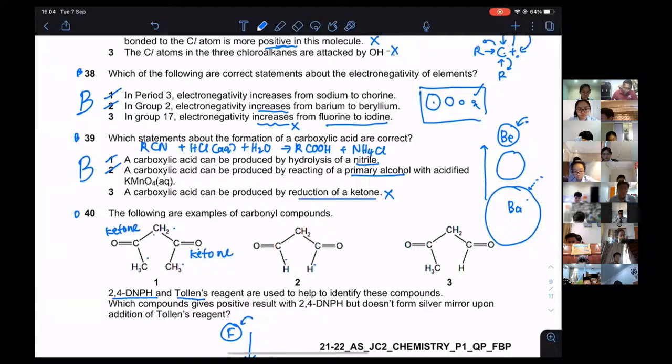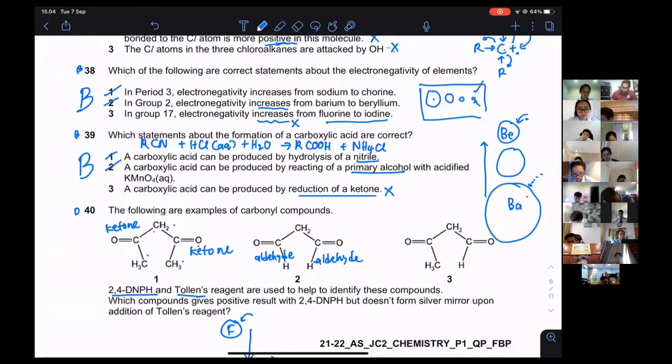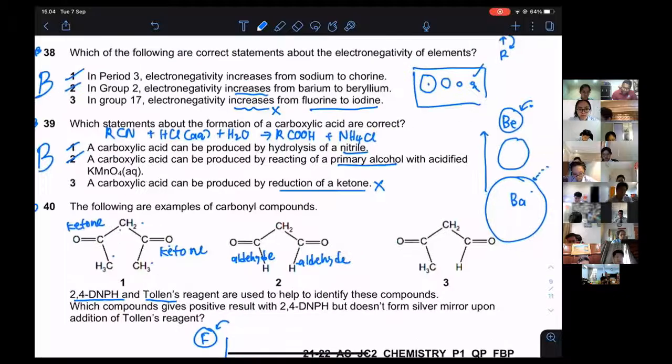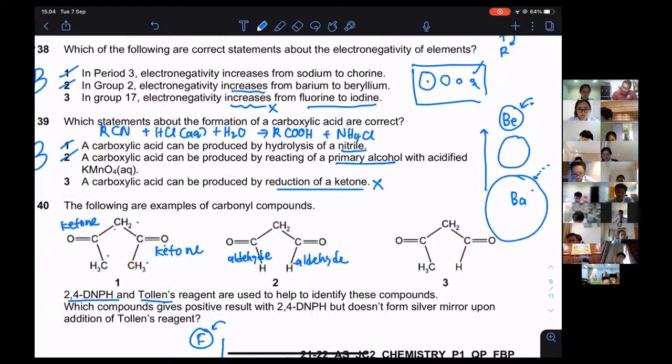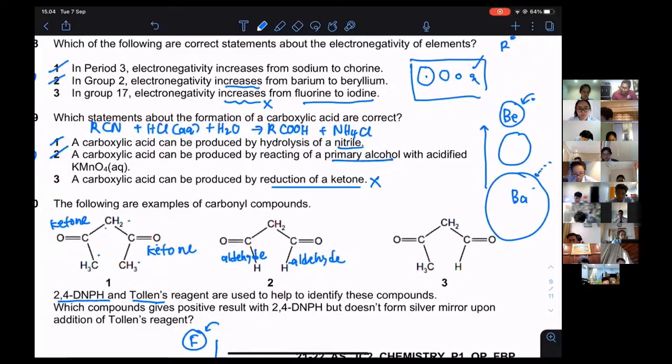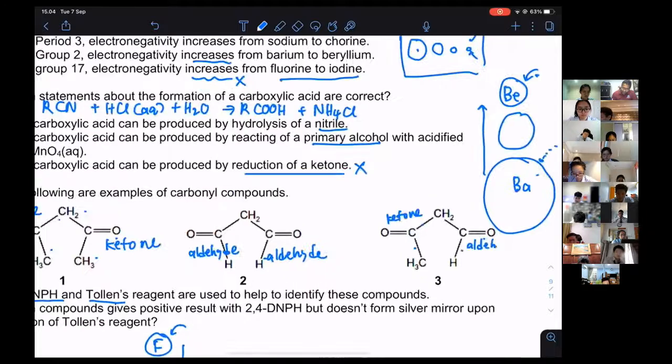Hydrogen, so both of them are aldehyde, this part and also this part as well. Carbon, ketone. Oxygen, hydrogen, so this is aldehyde. You identify that first.